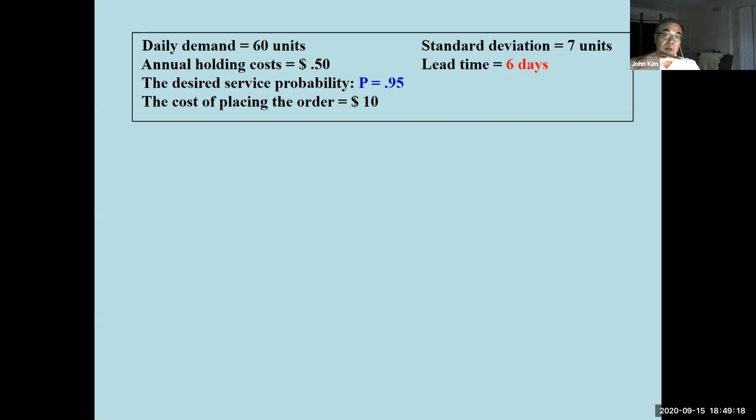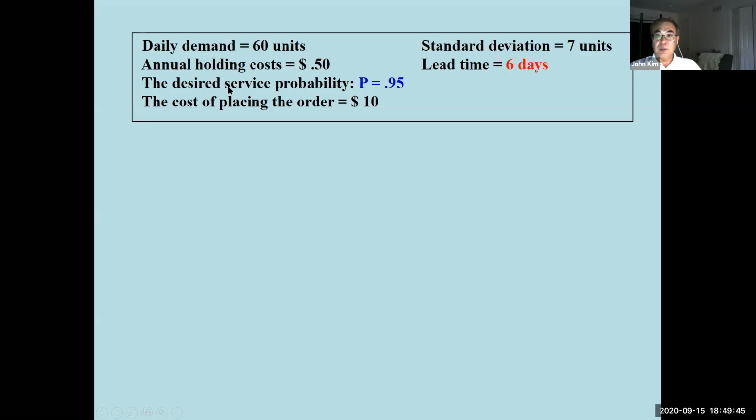So depending on service probability, order cost or inventory level is different. And the cost of placing the order is $10. Standard deviation is 7 units. And lead time is 6 days.